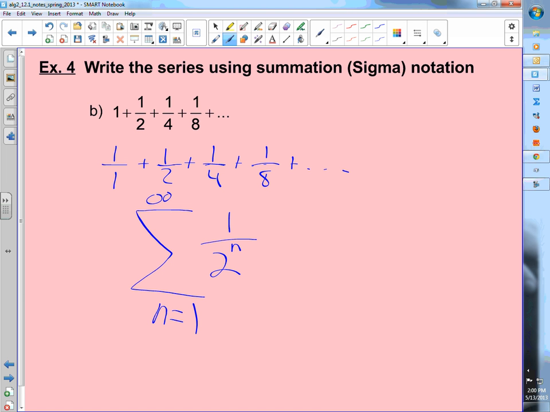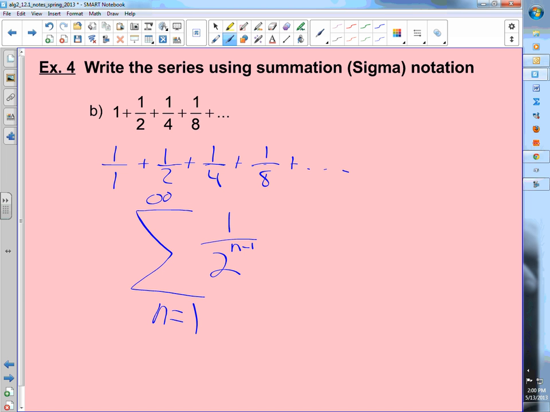That's a great observation. How could I leave the 1 there and still go with a power here? 1 over 2 to the (n minus 1). So just subtract 1 here. That way you'll drop down to 2 to the 0, which gives you 1 over 1 in the first spot.